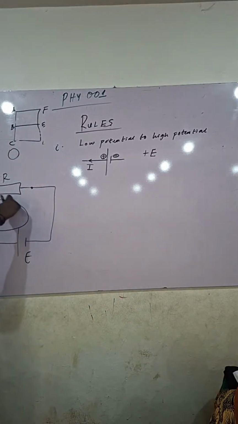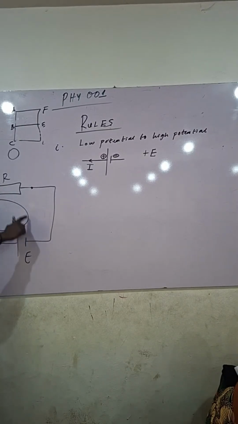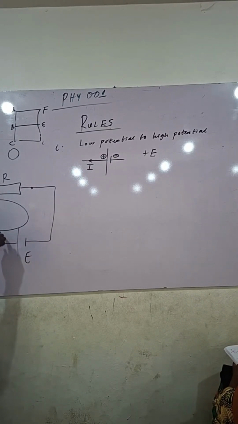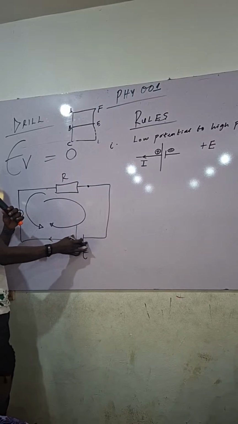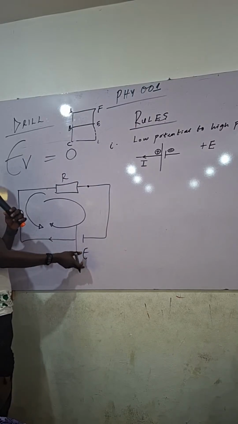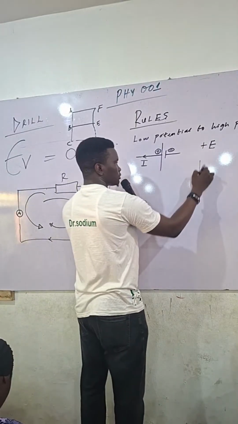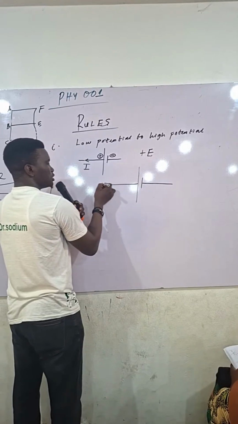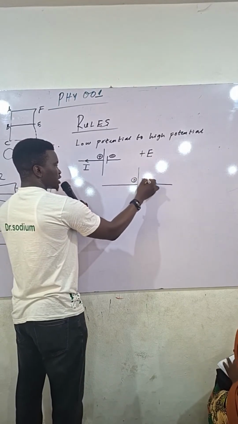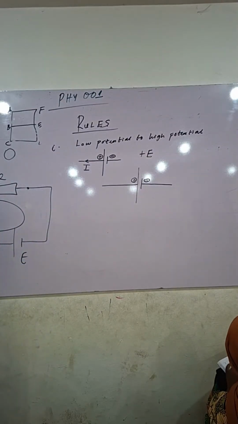So if you look at this first loop, in what way is my current moving? It's going to move this way because of the loop, meaning that whatever I give this must be positive. Then secondly, if you notice, it is moving in the opposite direction. Like this is my second loop now.